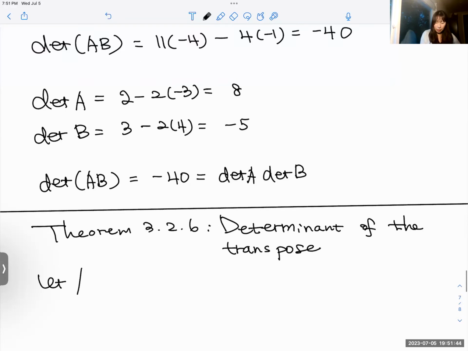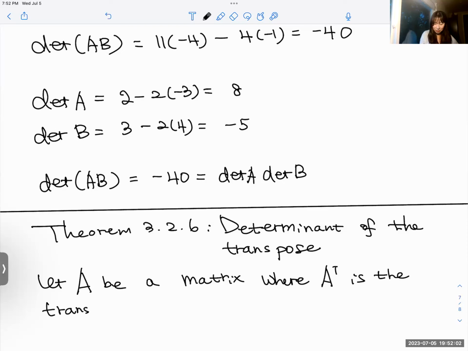Okay, so we have let A be a matrix where transpose of A is the transpose of A. Then this is very interesting. Determinant of transpose of A, which is the same as determinant of A.